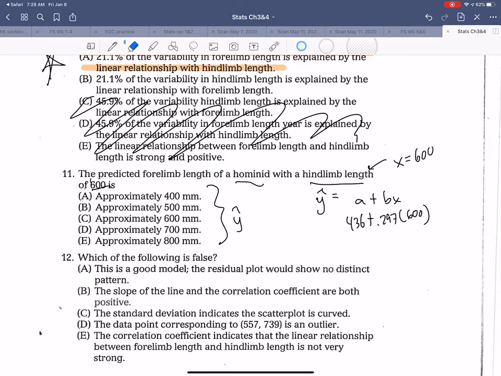All right, so we're just going to crunch these numbers. 600 times 0.297 plus 436.